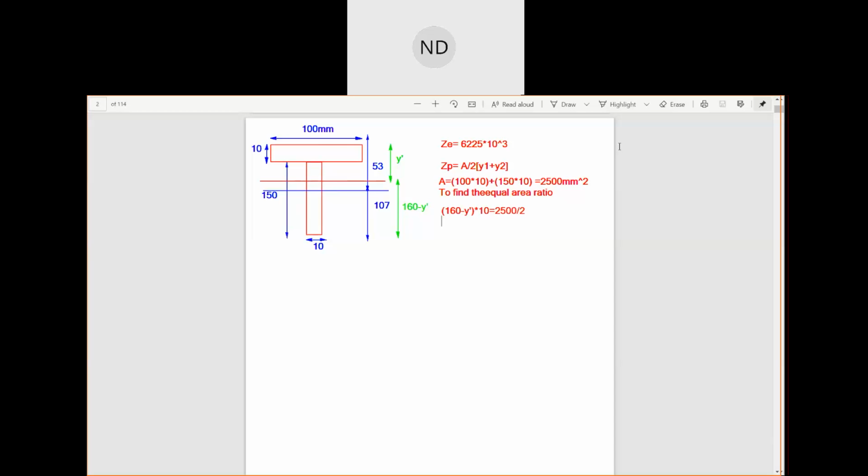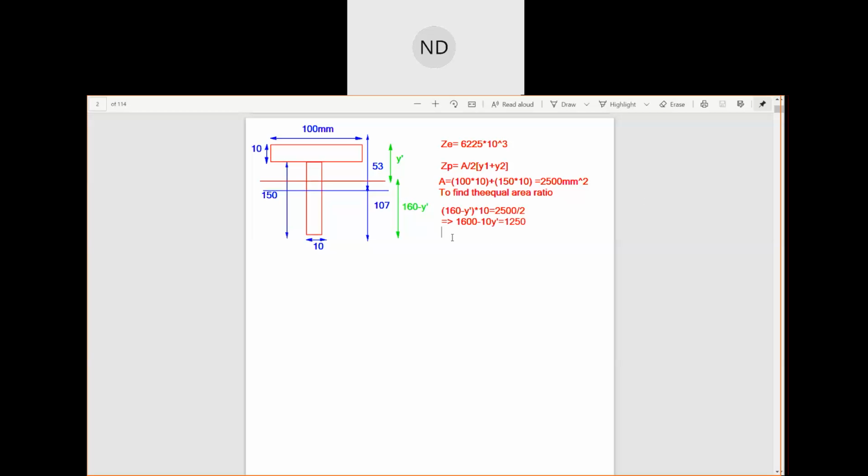right? So now what will you get from here? This will be 1600 minus 10y dash, and that equals 1250. This one is 160 into 10. So now what will your y dash be?